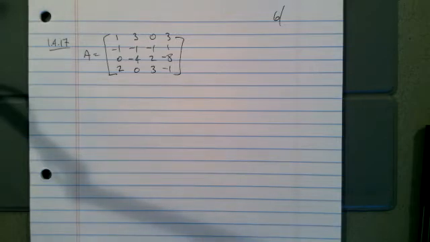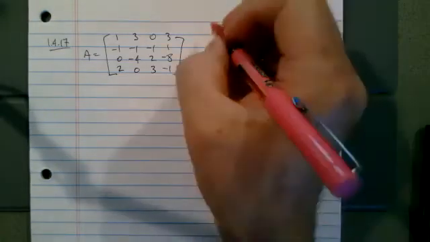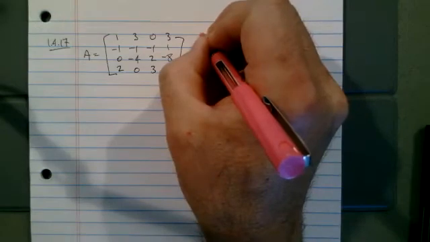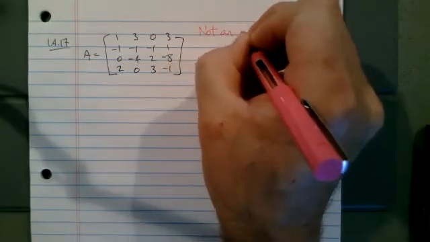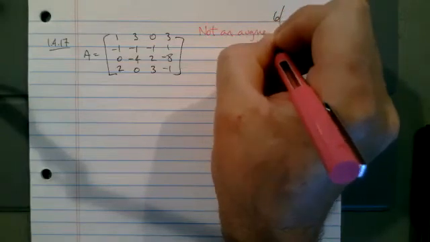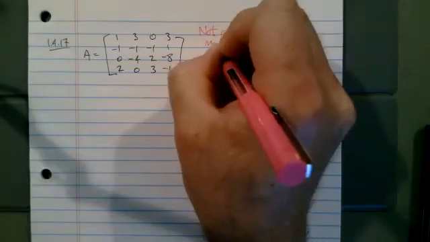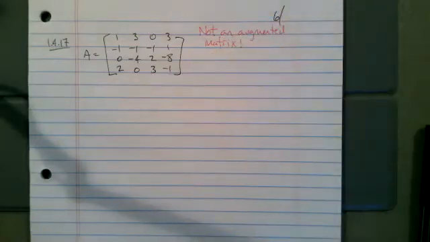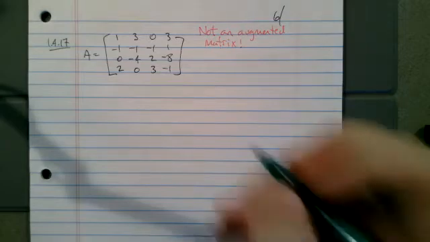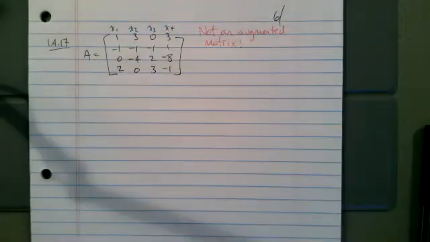So notice that this is not an augmented matrix. This is the first time we're going to start encountering matrices that are not necessarily augmented matrices. If we think about the variables attached to each column, this does have an x1, an x2, an x3, and an x4.